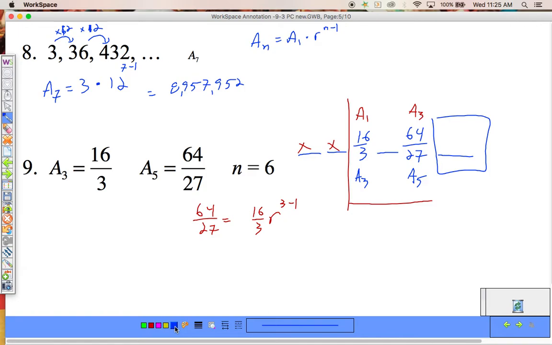All right, so I'm going to multiply by the reciprocal. Do some cross canceling. We get 4 ninths equals r squared.